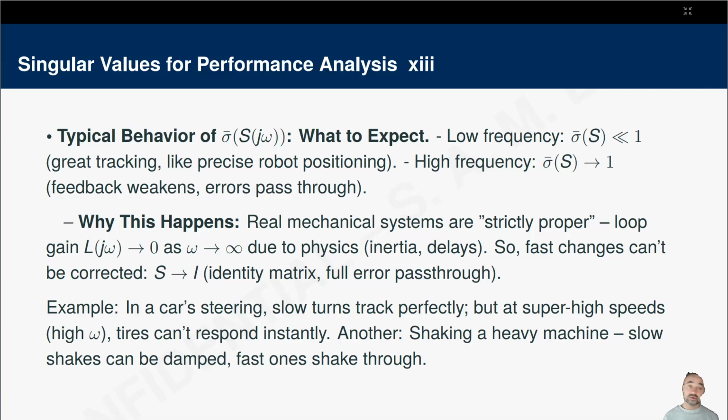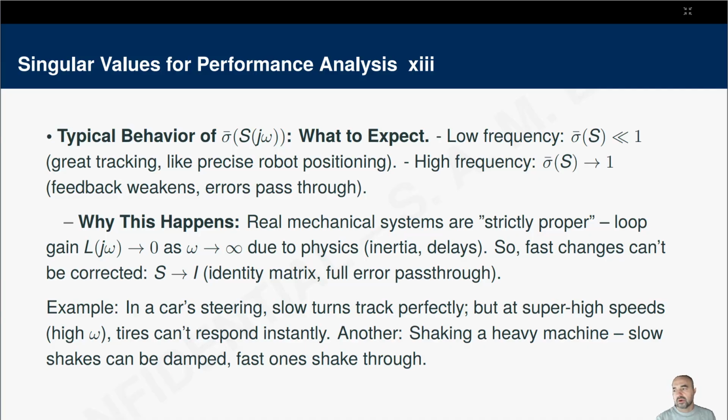Then, due to inertia for example, fast changes can't be corrected, and S goes to the identity matrix. If you go back to the beginning of this chapter, you can remember why S goes to the identity matrix, and it does.